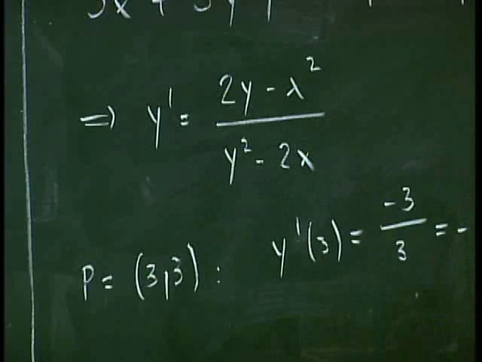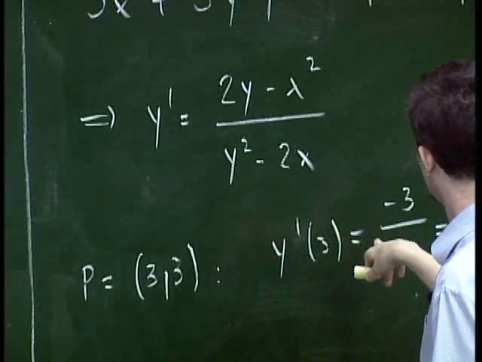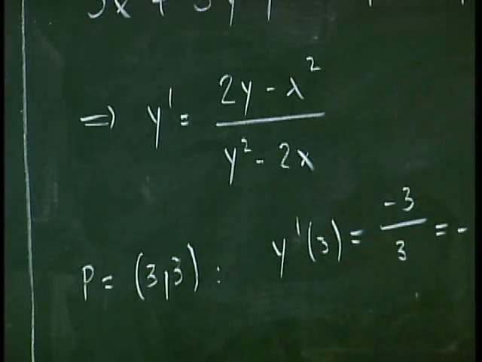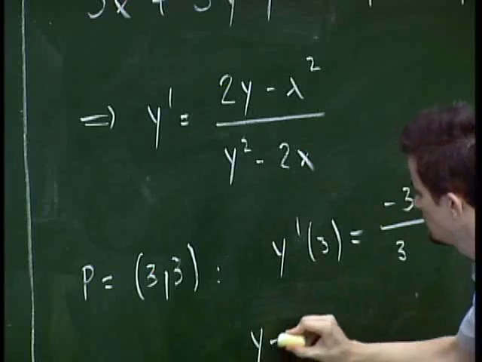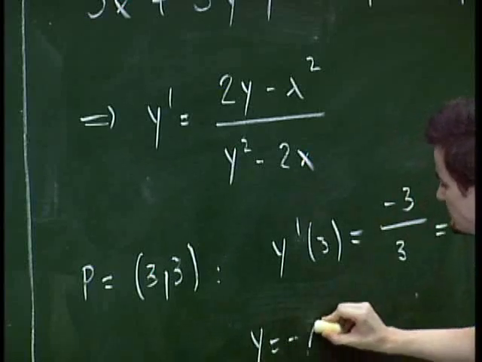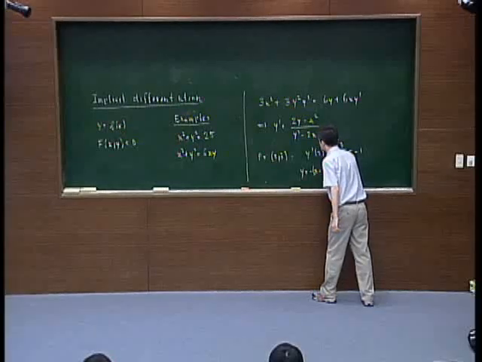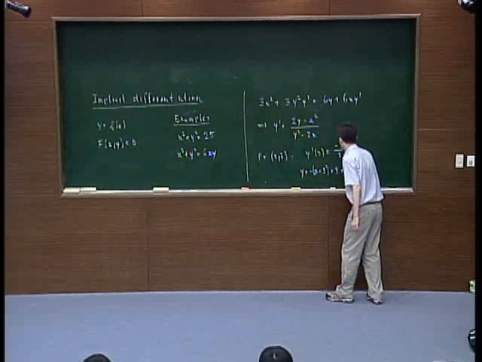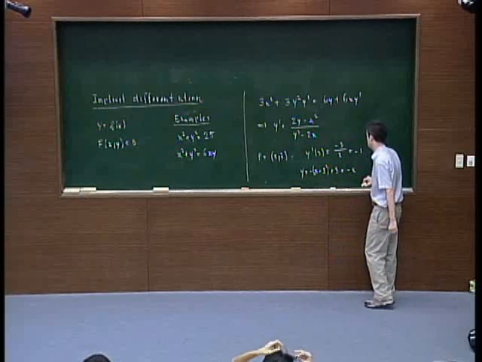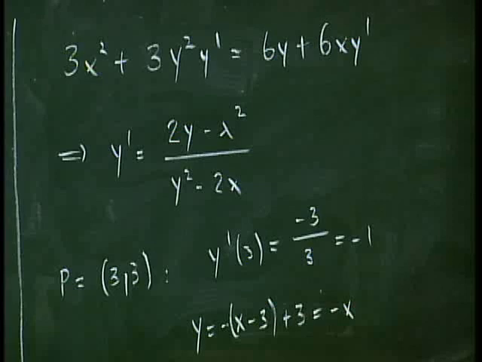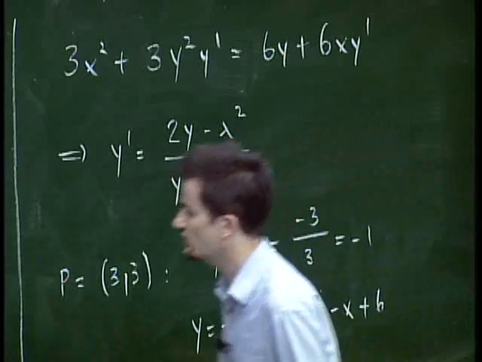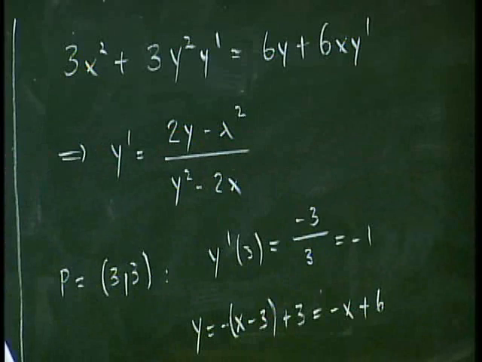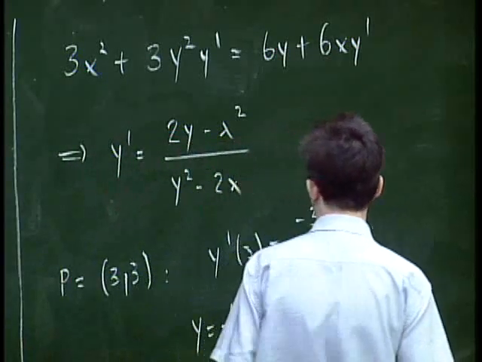Okay, this is 9 minus 6. It's correct. So the tangent will be minus x minus 3 plus 3. Okay, so you have minus x plus 3 plus 6. So for instance, you can easily find the tangent at some point.